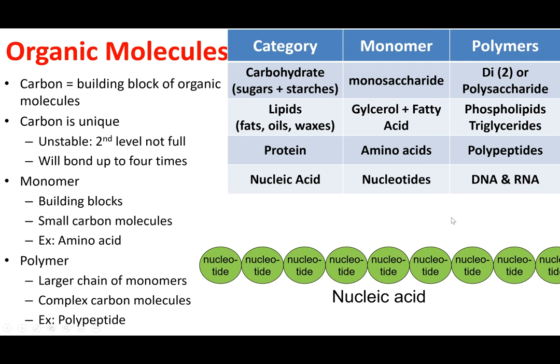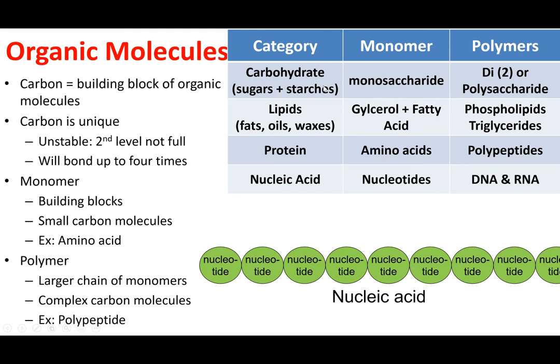Now, I don't expect you to memorize this right now, right? What we're doing is just introducing the concept that there are four major categories of organic molecules that build living things. Those are carbohydrates, lipids, proteins, and nucleic acids. Each of these categories is built up from smaller molecules, so the monomers of each are different.